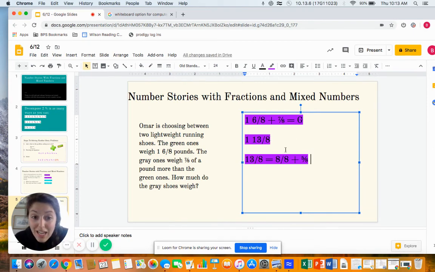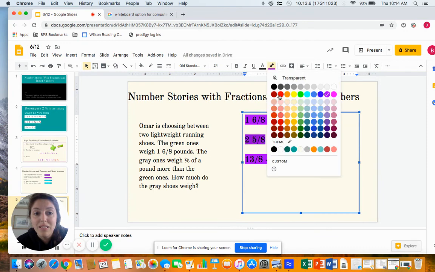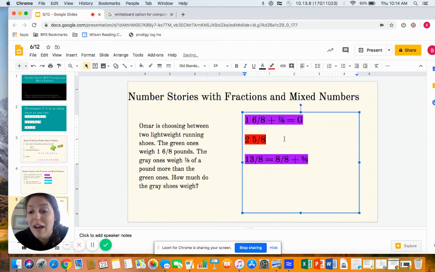So if I have 8/8 here, I'm going to exchange that for a whole. So I'm going to change my 1 to a 2, and then what I have left over is my 5/8. So my answer here is going to be 2 5/8 of a pound.